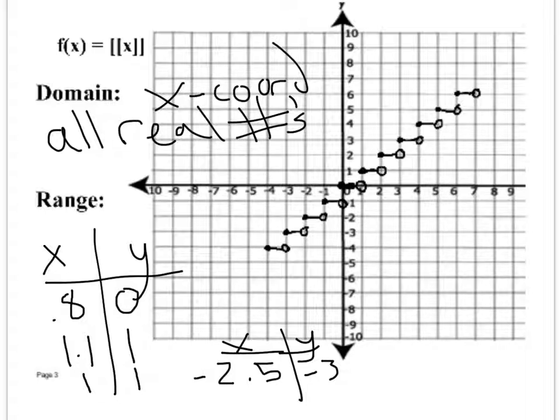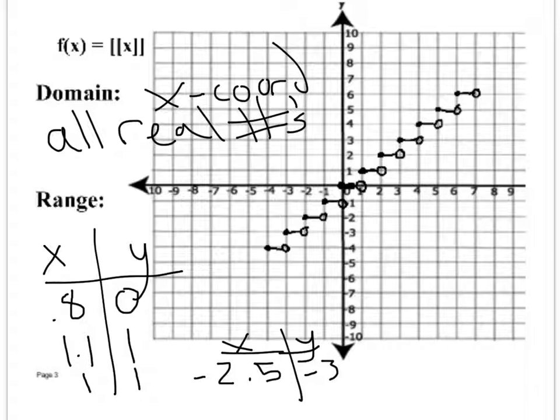My range, what's included in my range? All real numbers? No. Is 1.5 included? No, it's not. What's the only thing included for y's? Whole numbers? Not whole numbers.